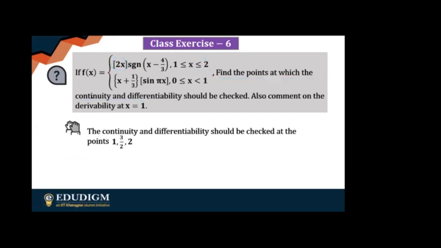So I've just taken the first part, which is box 2x, and explored the fact that where this box is causing me some trouble, that's the integer. So consequently, when will 2x be an integer? When x equals to 1 or 3 by 2 or 2. Also take care of this range, okay? Next, just look at this Signum function. You know that the Signum function changes its behavior at x equals to 0.